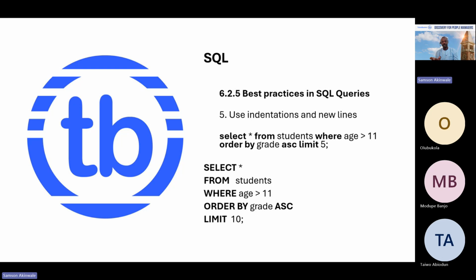For instance, see this example I gave here. I'm telling SQL to SELECT all from, meaning select all columns from a table called students. And I gave a further condition. Go through the entire columns from that table, but streamline yourself to the students whose age is greater than 11.